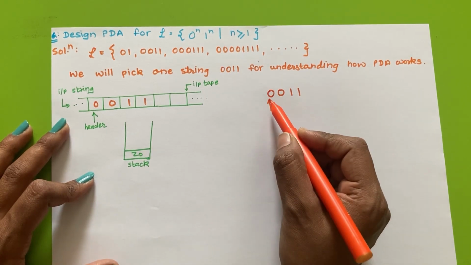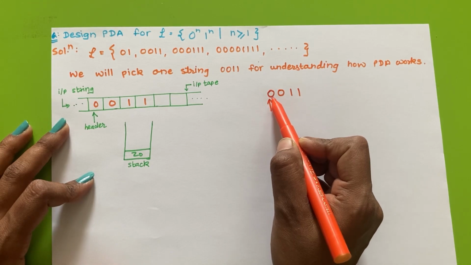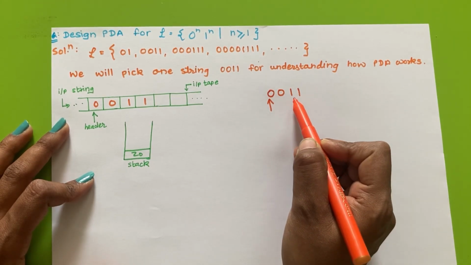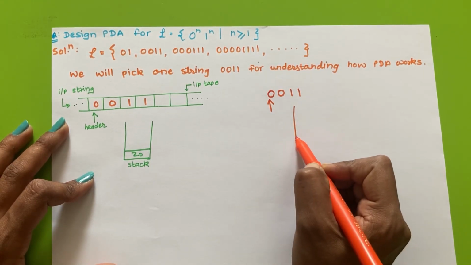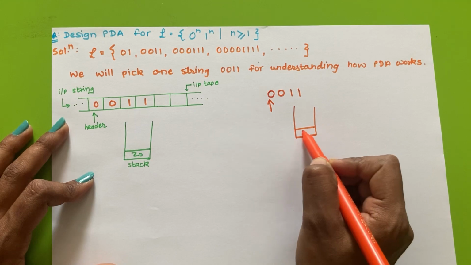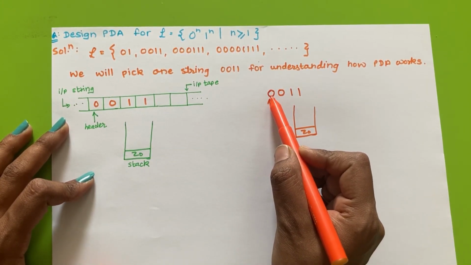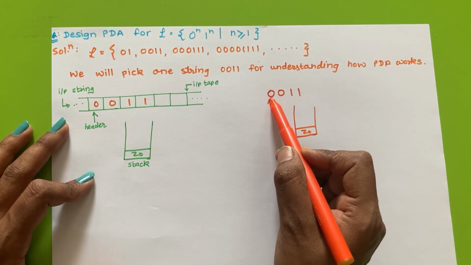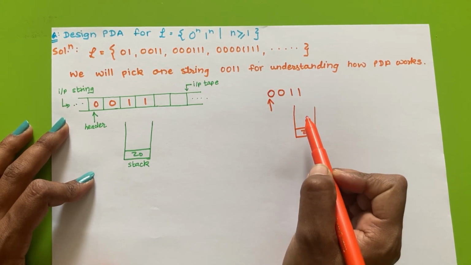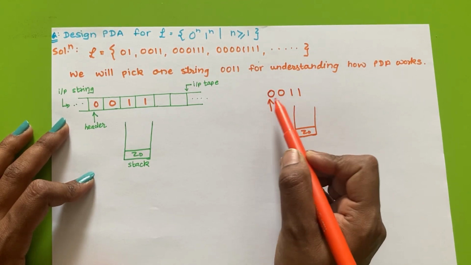First we have to match all the zeros with the remaining ones, and for that purpose we have the stack as memory. In a PDA we perform three steps: first we read the current input symbol, then we perform a push, pop, or no operation on the stack, and then we move right by one cell on the input tape.